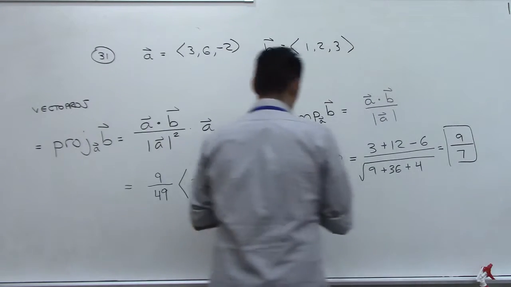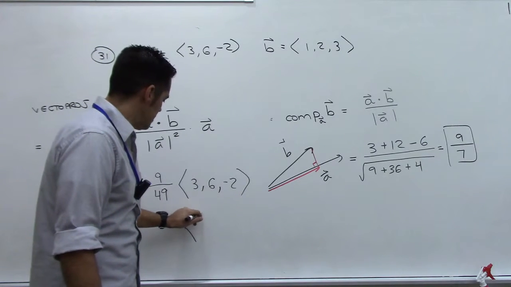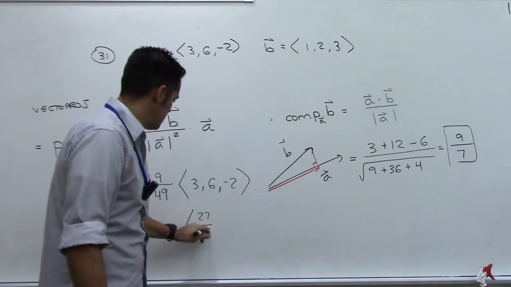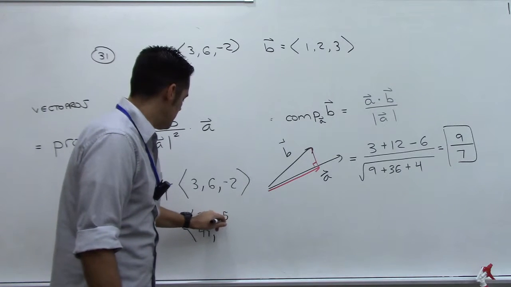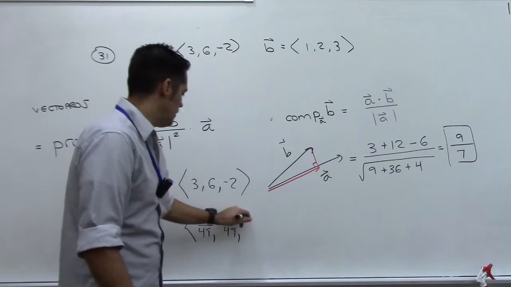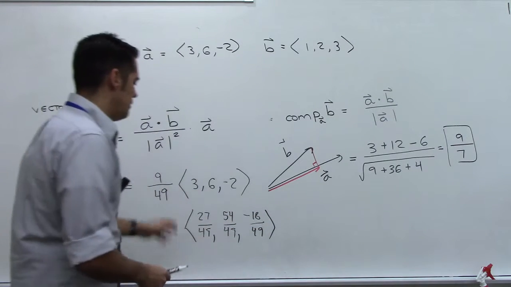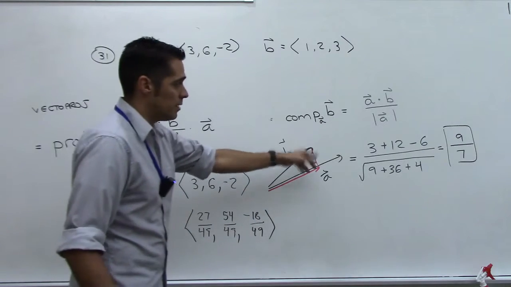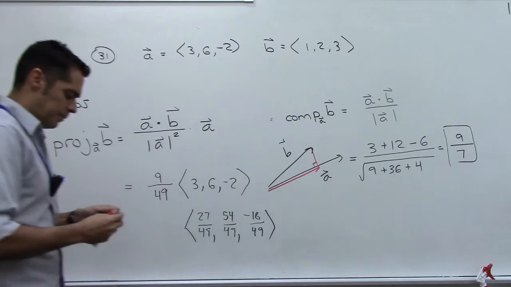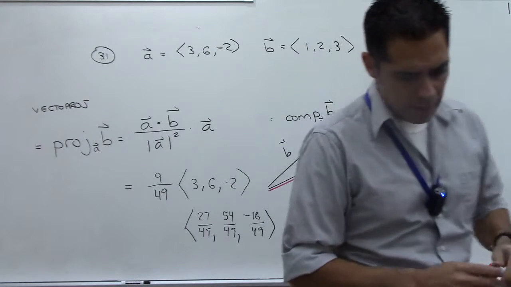The actual components of the vector itself are 27/49, 54/49, and negative 18/49. So that vector is the actual red vector, and that number is the length of it. All right, 31, what else?